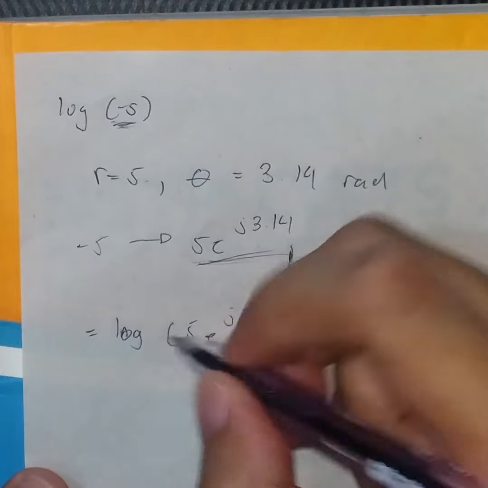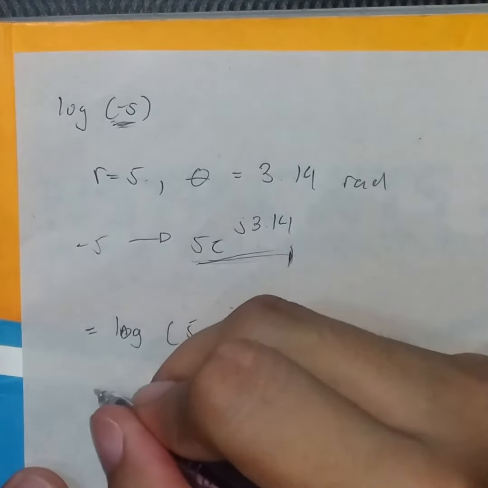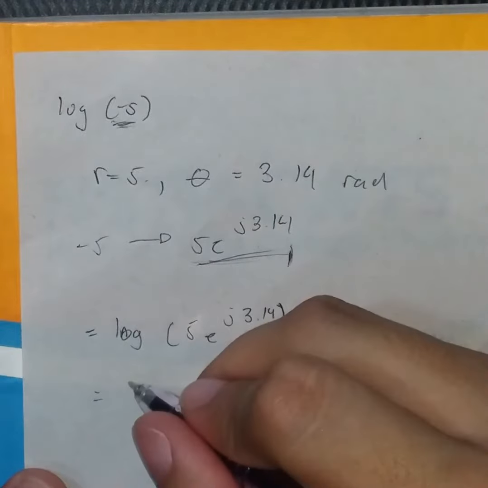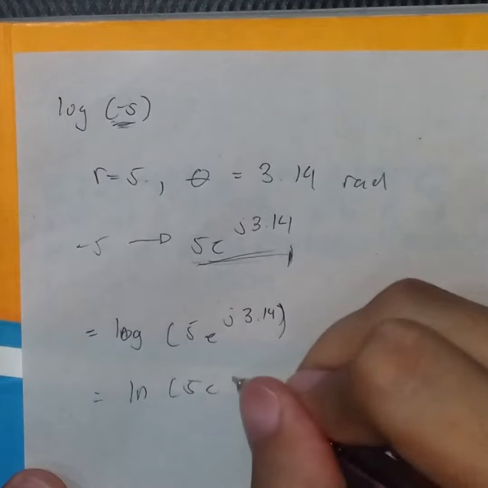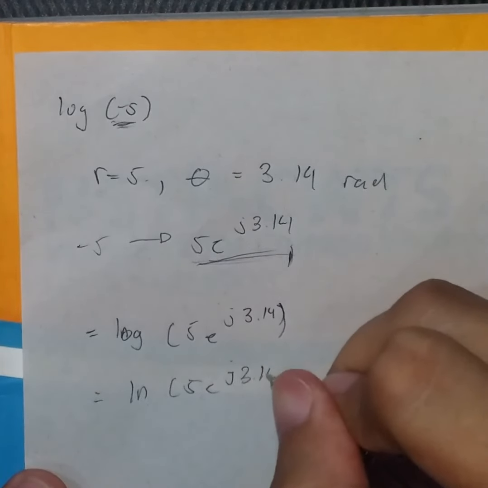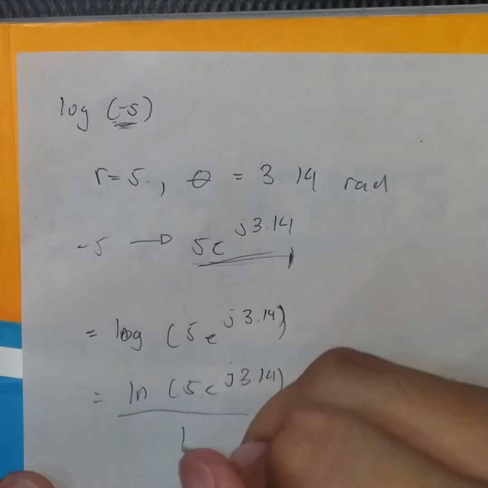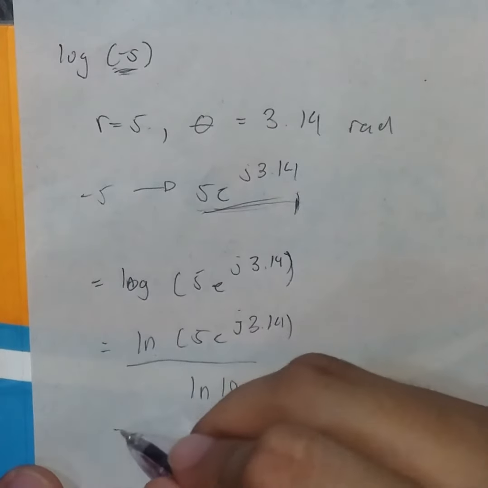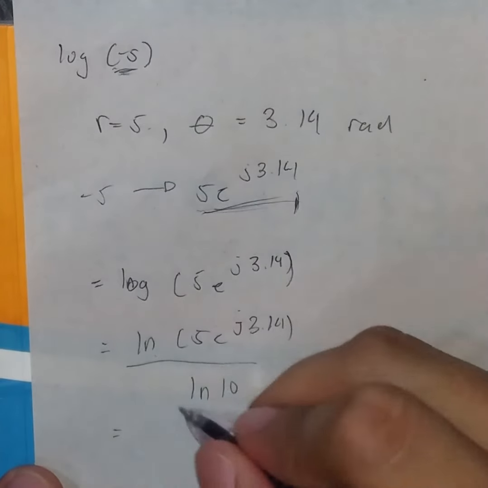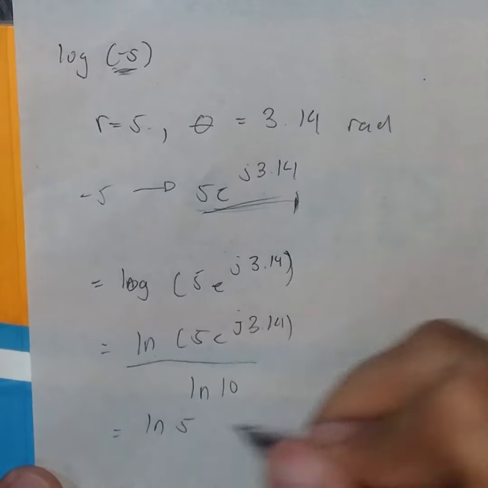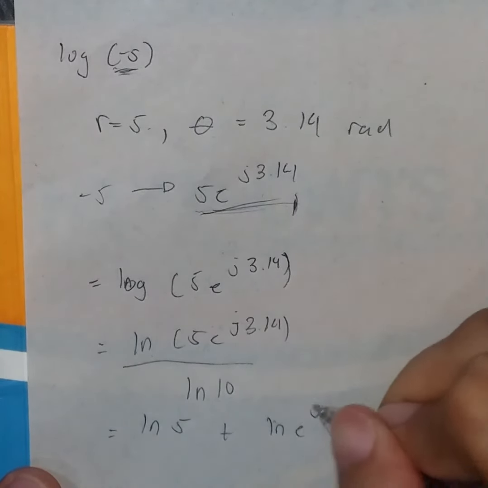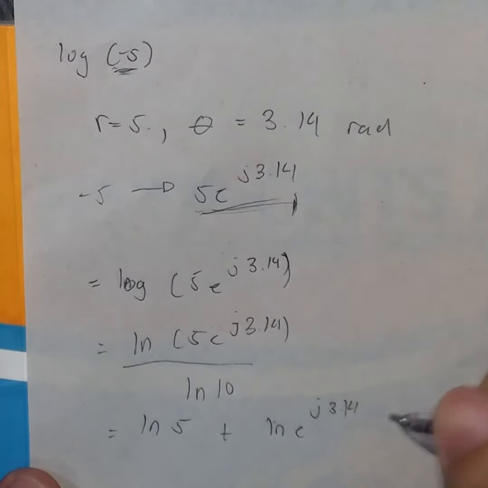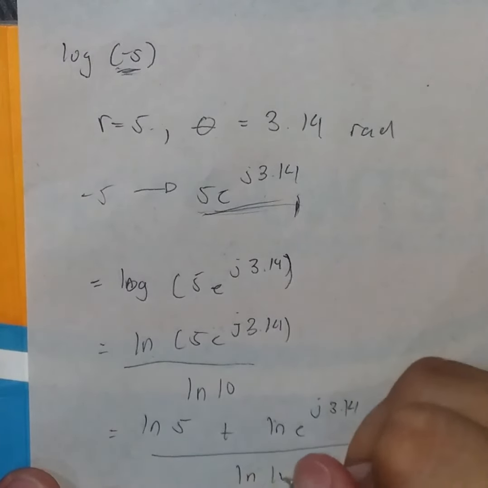Next, using the properties of logarithm, we can have the ln of 5e raised to j 3.14 all over ln of 10. So our final answer should be ln of 5 plus ln of e raised to j 3.14 all over ln of 10.